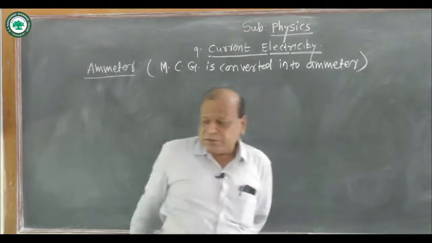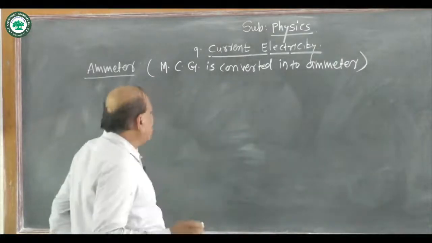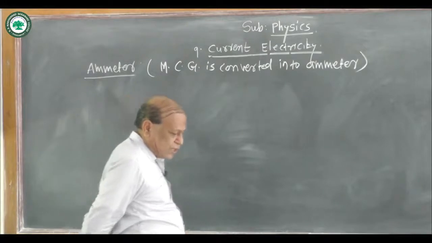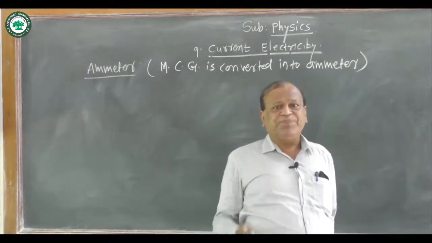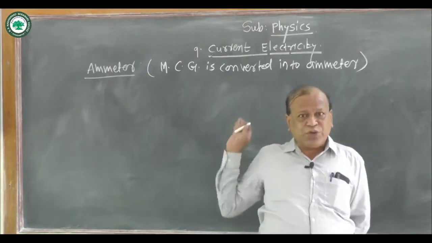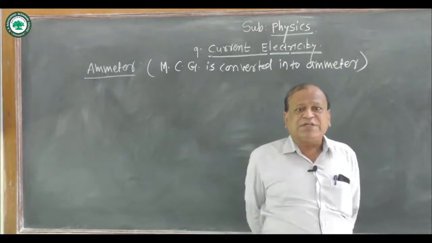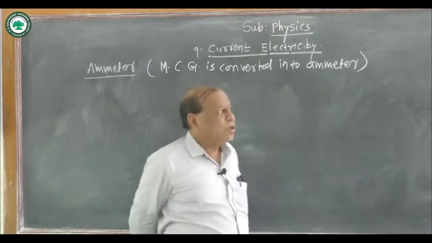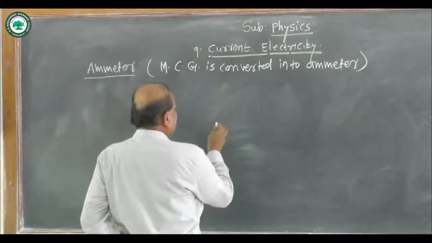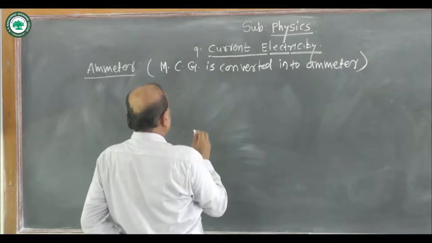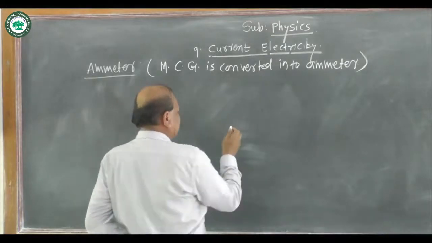So a small value of resistance, which is known as shunt resistance, is connected in parallel to this moving coil galvanometer, then it is converted to an ammeter. See this modification for conversion of MCG into an ammeter.